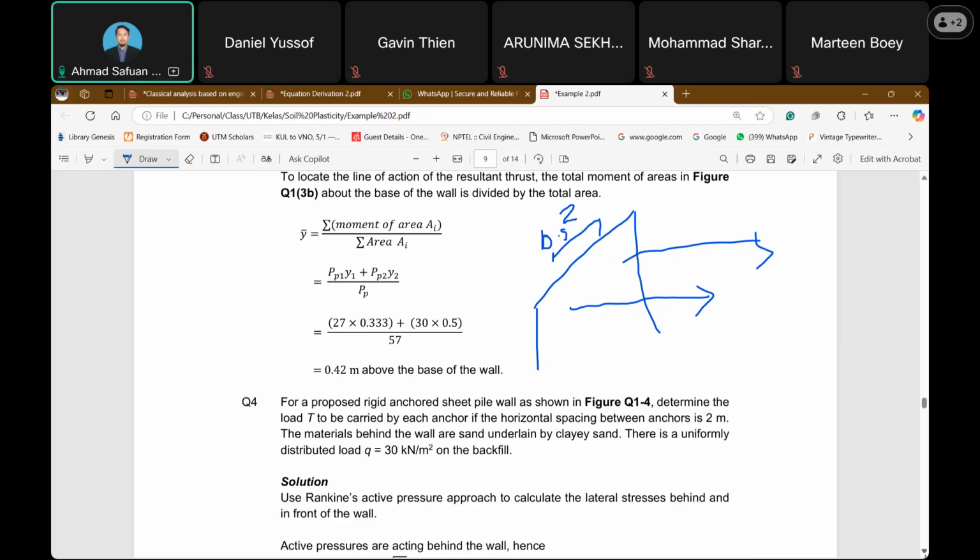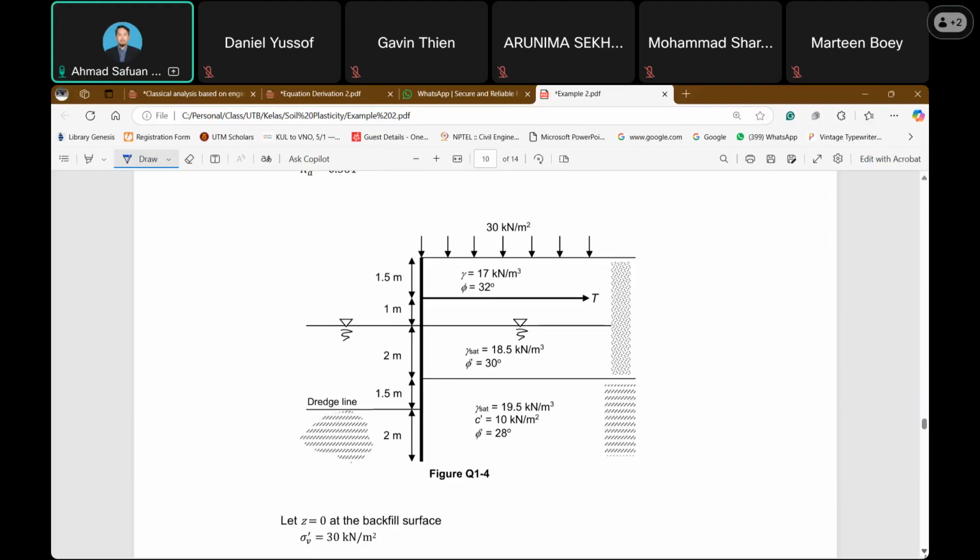So we look at the diagram. This is the arrangement of the anchor and the sheet pile to stabilize the soil at the back of the sheet pile. So we need to know how much tension stress should be applied to stabilize the sheet pile.